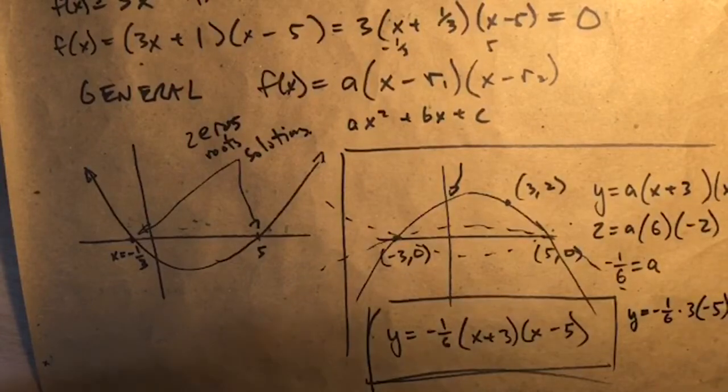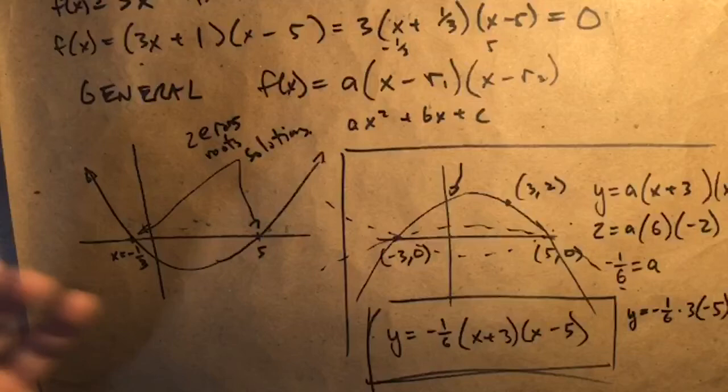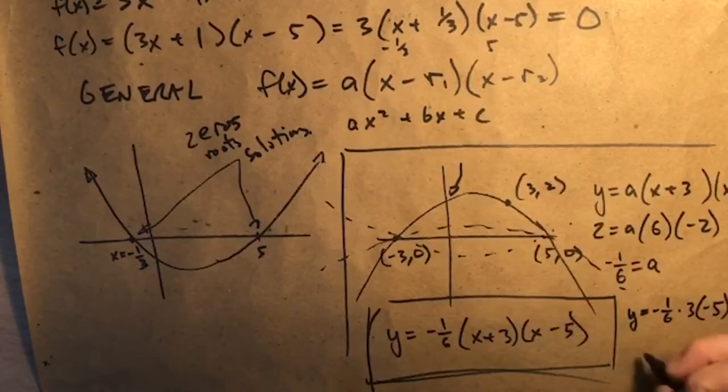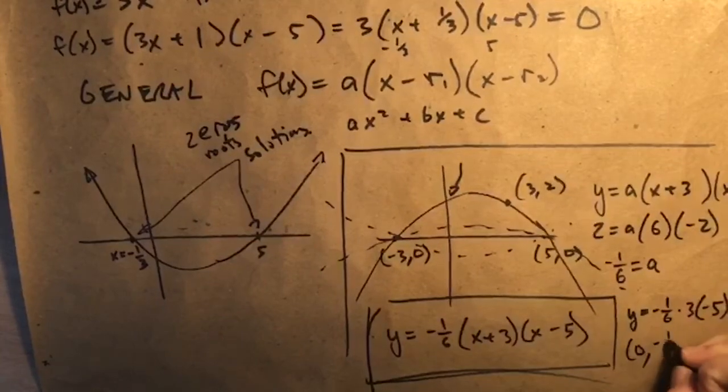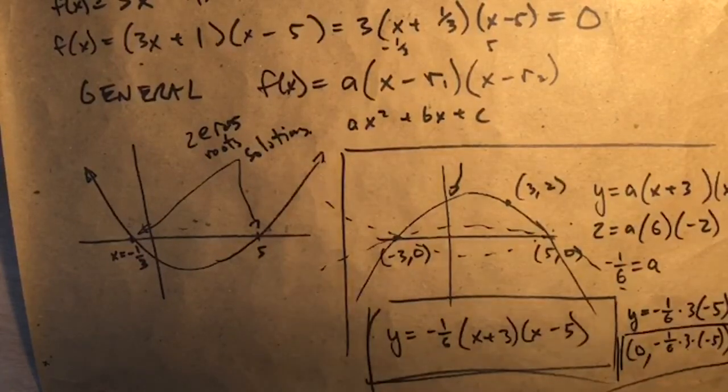There are some of you that are upset because I haven't figured out what this collapses to. But let me tell you, friends, this is a fantastic point: (0, -1/6 times 3 times -5). That is an exact answer and more than acceptable to leave on any of your exams here.